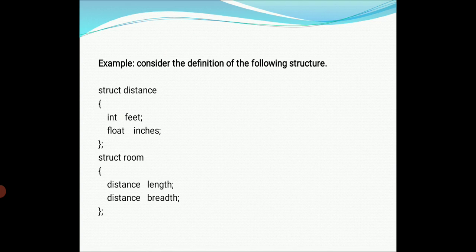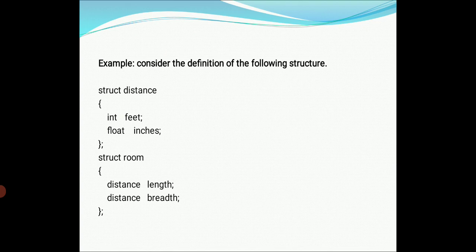Another one, structure 2, is room. Here, struct is a keyword, room is the structure name. In this structure, it contains the data members length and breadth. Length and breadth, these two are the data members of the structure room. These two data members are declared by using the user defined data type distance.